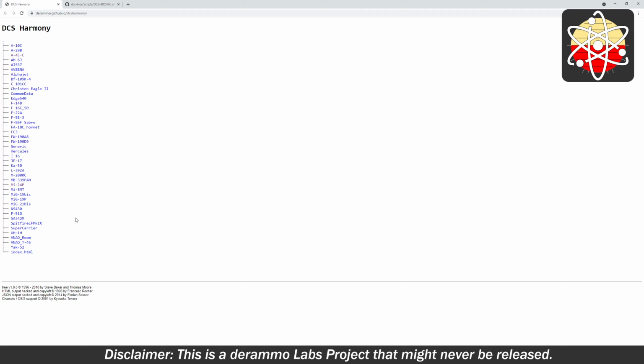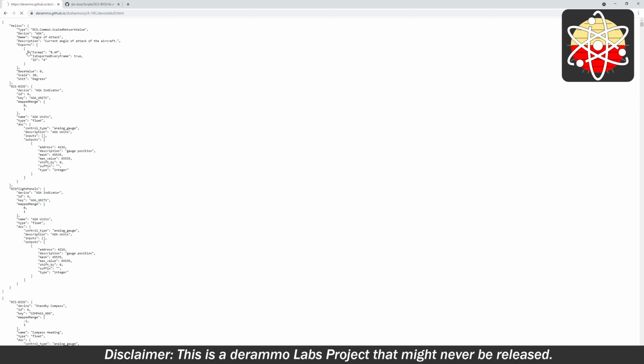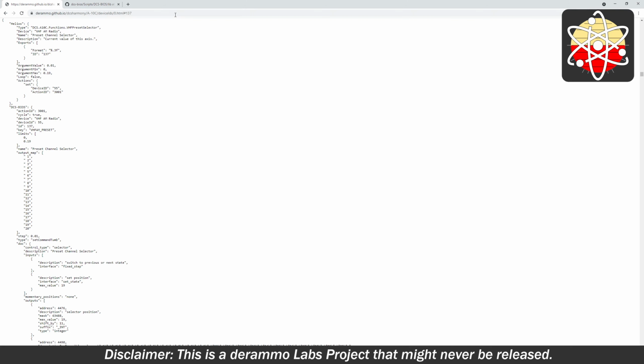So here's what happened. I imported all the aircraft, I sorted the information, and I correlated them. What that allows us to do is look in the A-10 and say, okay, let's say, is there a 137? Apparently there is. So argument 137, when sent from DCS in Helios, is implemented this way. Helios thinks it's a type VHF preset selector, called VHF AM radio preset channel selector.